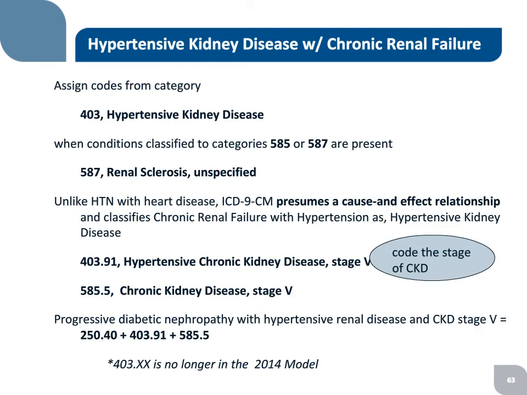Hypertensive renal is assumed. We always code it as a combination code if we see the two together. And the most important thing with this, it's a 403 category. And the most important thing here is the stage of CKD. Very, very important. That's the driving factor for the risk. I can't emphasize that enough. The stage of CKD has to be documented.